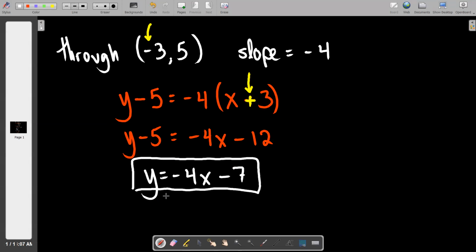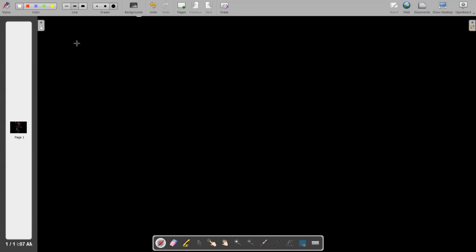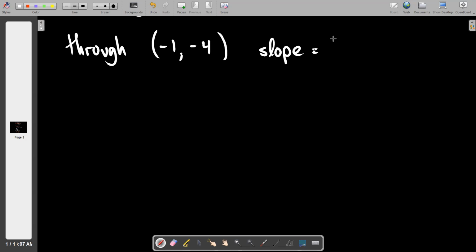Still good? All right, let's go again. This time, we're going to go through the point, negative 1, negative 4, and our slope is going to be 1/2.